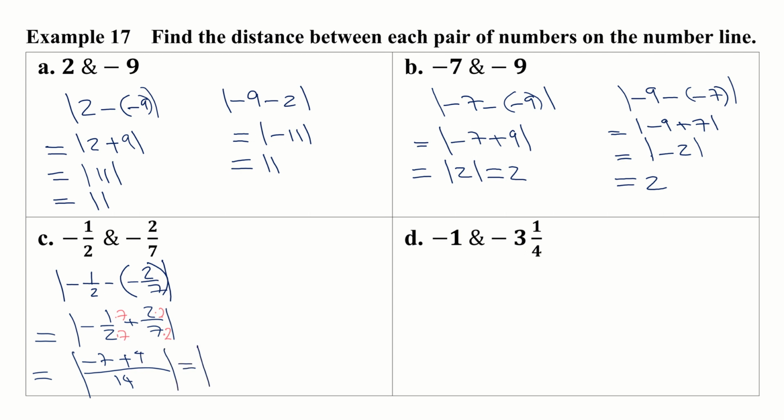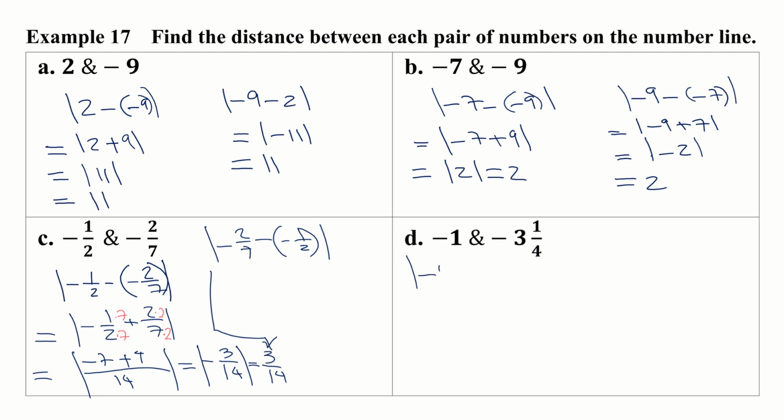So I get absolute value of negative 3/14, which is the same as what? 3/14, okay? You could have done it the other way around. I want you to try that. Try this. Absolute value of negative 2/7 minus negative 1/2, and show that you end up with the same thing, okay?